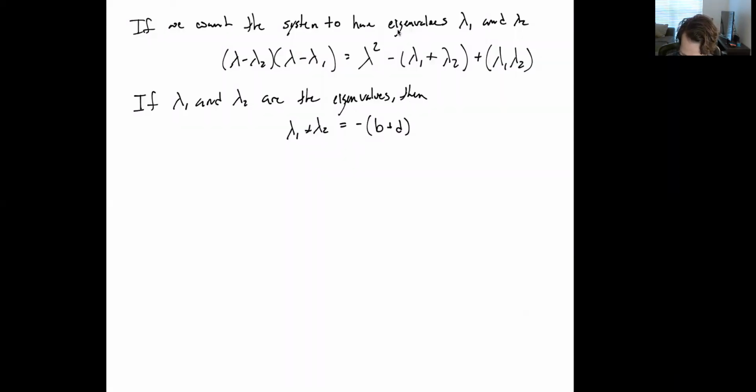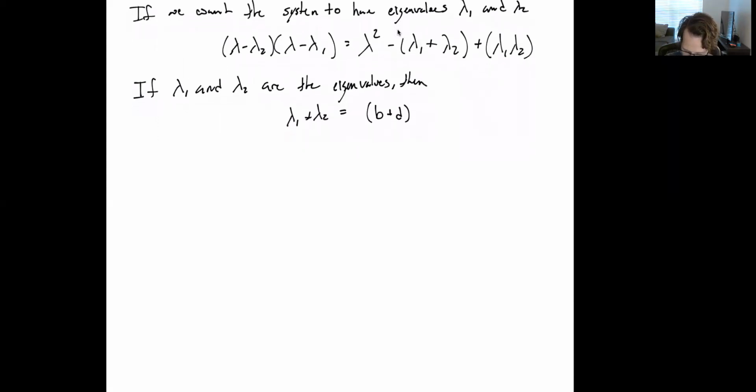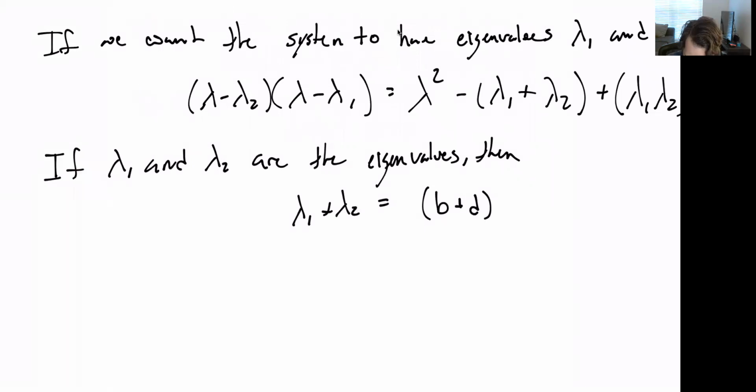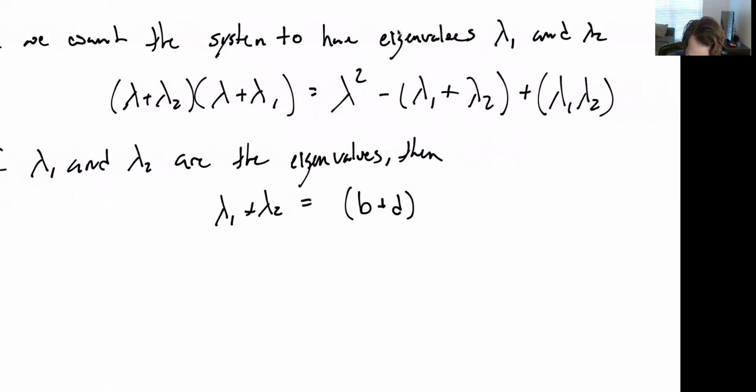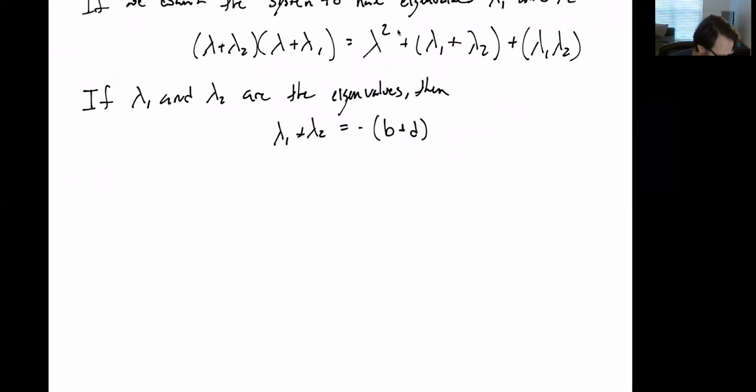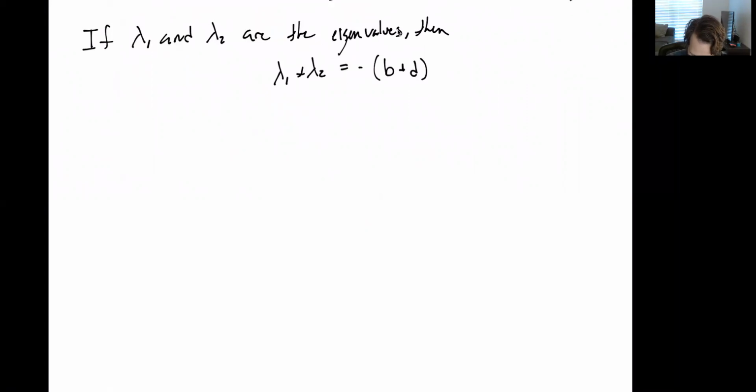Let me make sure I'm doing this right. This should be plus and plus. Great, so now that's why this is a minus. Then the second, lambda 1 lambda 2, is equal to BD minus AC.